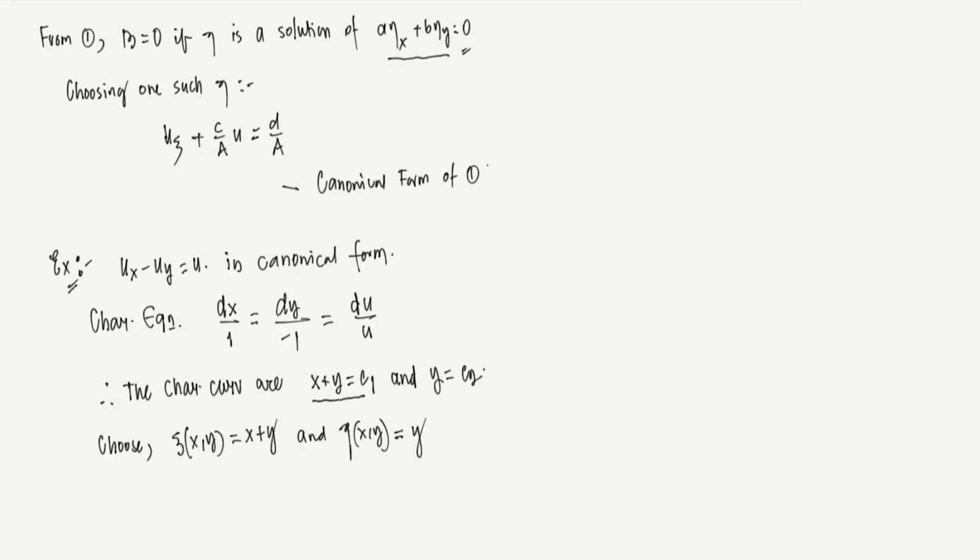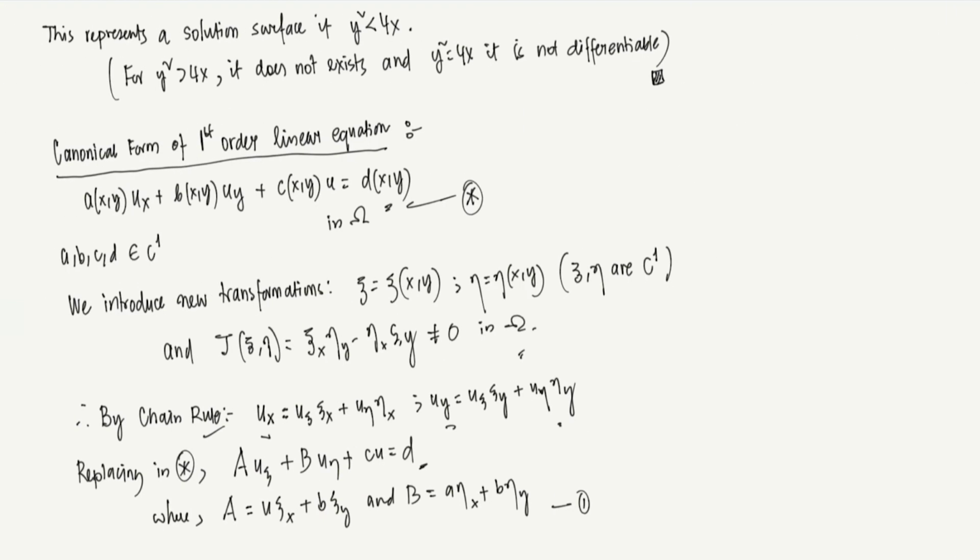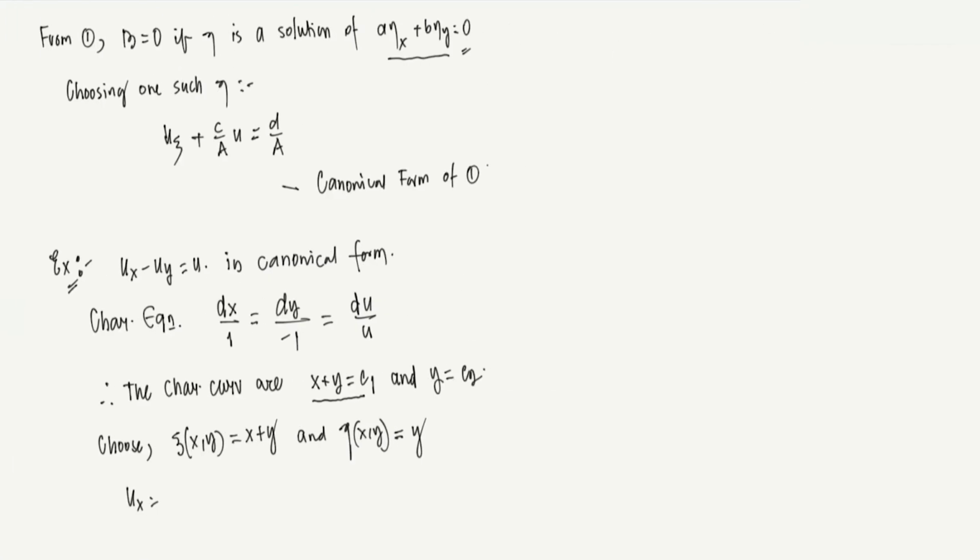So if you do that, then what happens to ux? ux is u_xi xi_x plus u_eta eta_x. You just calculate all this. What will happen is ux equals u_xi and uy equals u_xi plus u_eta.